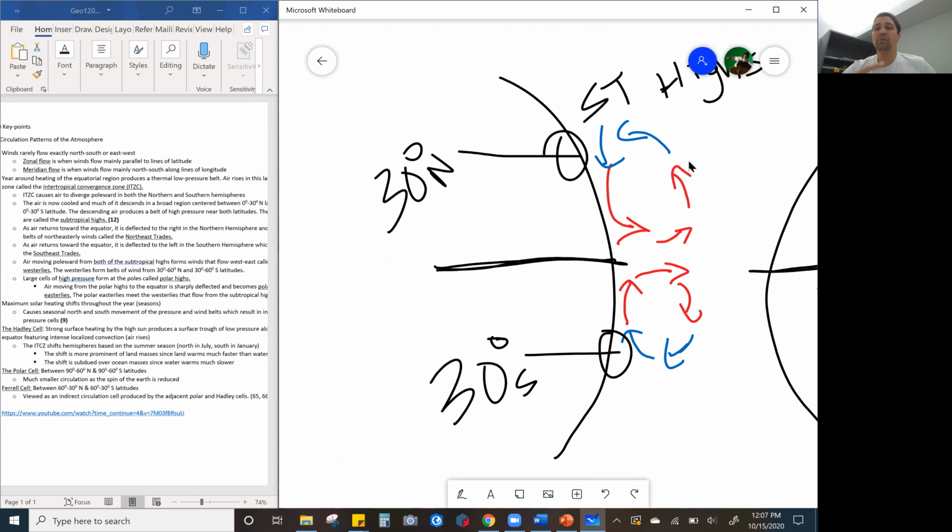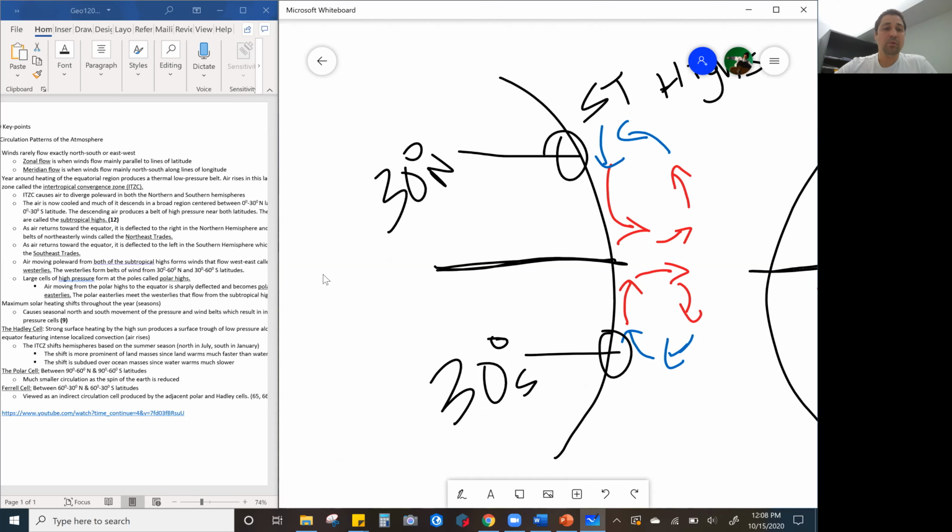So as the air in both hemispheres rises and moves, it diverges. It first converges at the equator and then goes up and diverges away from it. As it is diverging, it's cooling, and eventually it descends around 30 degrees latitude in both north and south.